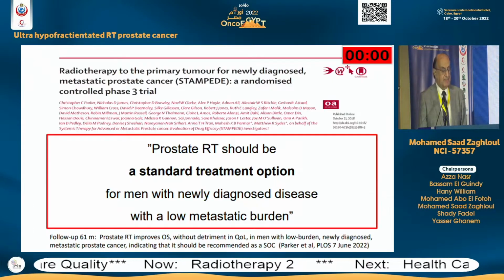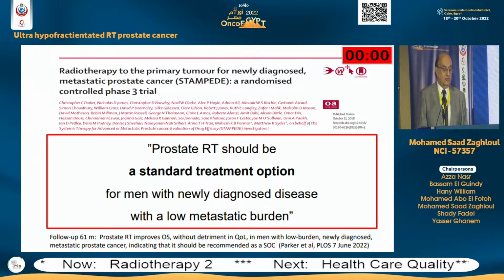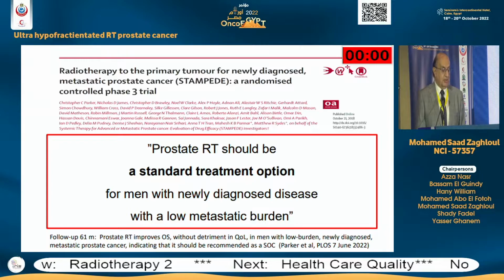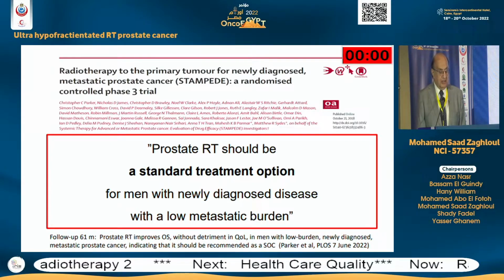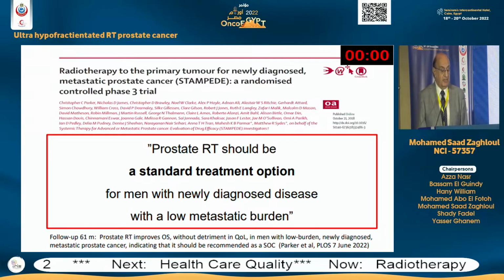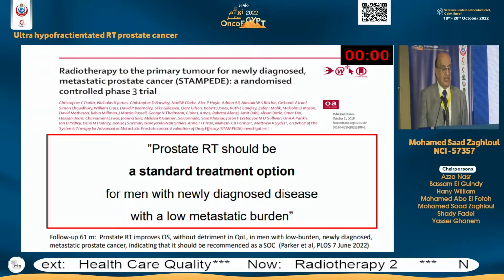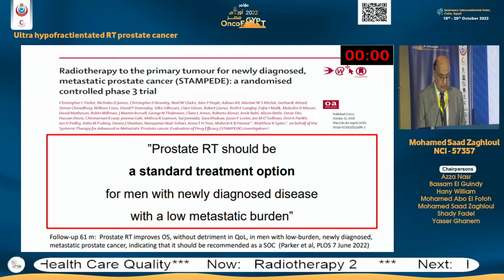And prostate radiotherapy should be a standard treatment option for men with newly diagnosed disease with a low metastatic burden. You can also irradiate patients who have an oligometastasis.